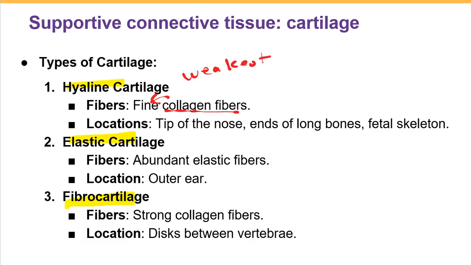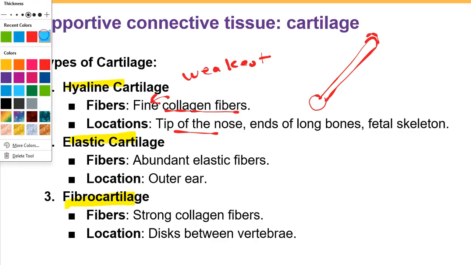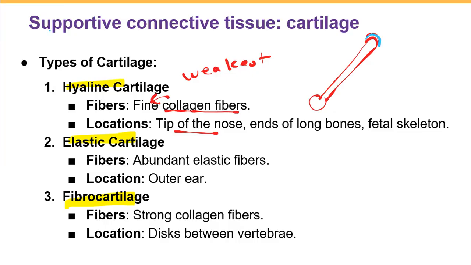This type of cartilage is found in the tip of the nose. Just touch your nose. Part of your nose is cartilaginous, right? The tip of your nose is cartilage because it's flexible, right? That is hyaline cartilage. And also at the ends of the long bones, we have cartilage covering the ends and involved in making the joint.